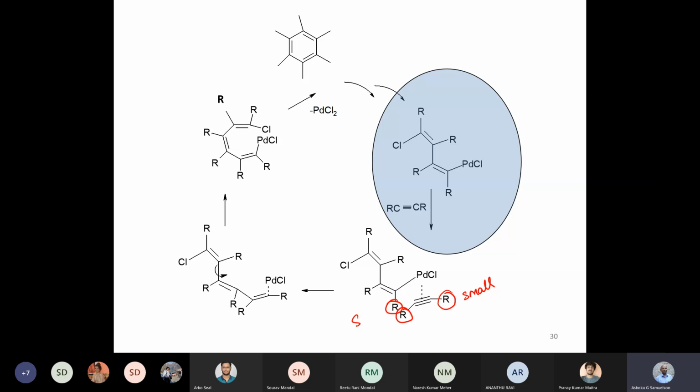This should also be small. Then I can have such coordination, resulting in the formation of the species which is labeled here, which I can cyclize to form a benzene moiety in the same fashion. And so the final product will be a benzene moiety and palladium chloride.